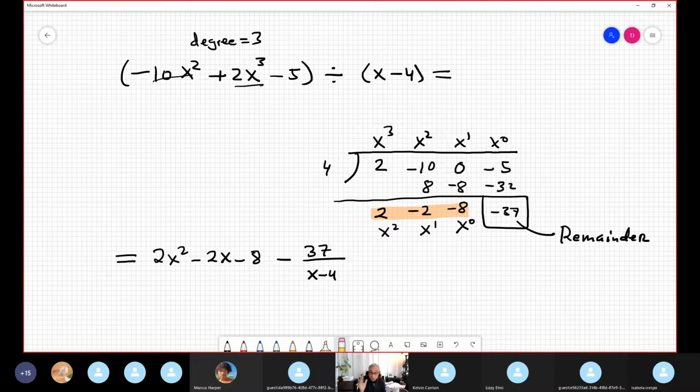So the only thing that you should do, if you want, is write the answer of the division using the remainder. Sorry, the formula is, look, this part is the quotient, this is the remainder, and this is the divisor.